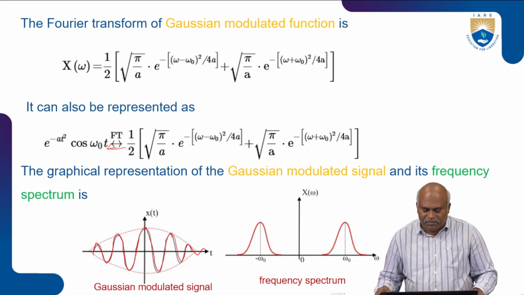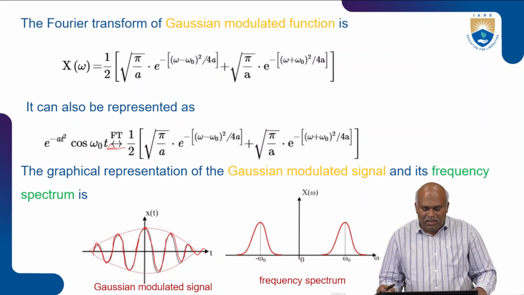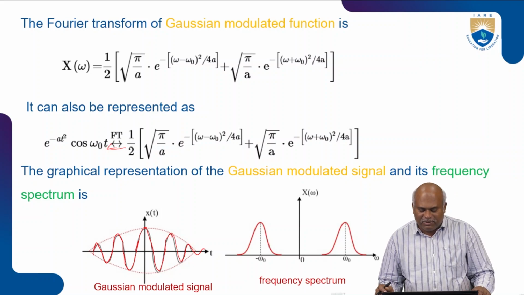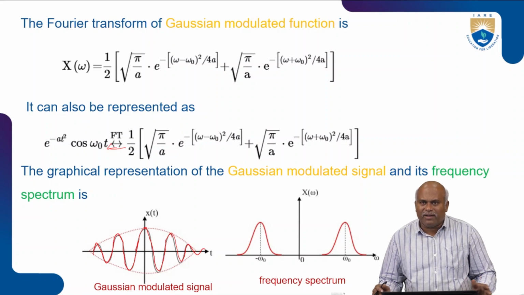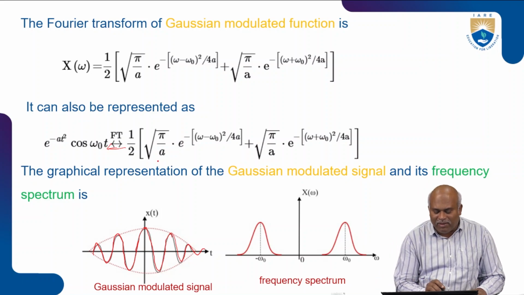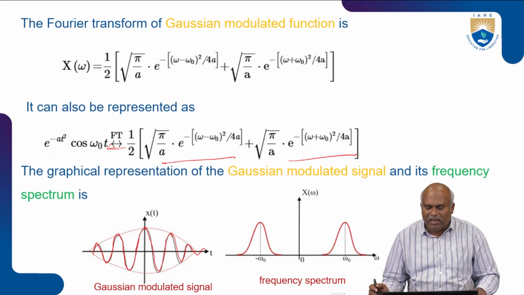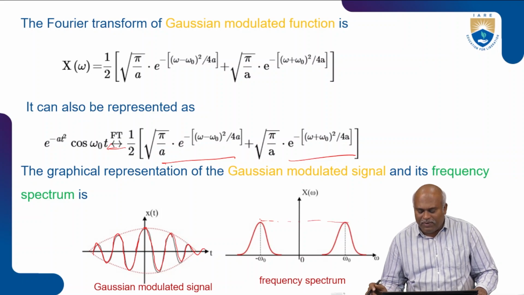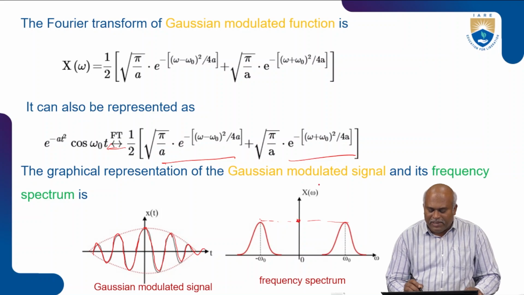Now for this Gaussian modulated signal, we take the frequency spectrum. The frequency spectrum has two sides, the left side is like this and the right side is this. That is why I write the magnitude response of the frequency spectrum. The maximum amplitude is equal to root of pi by a.